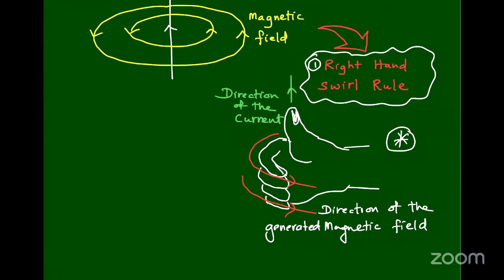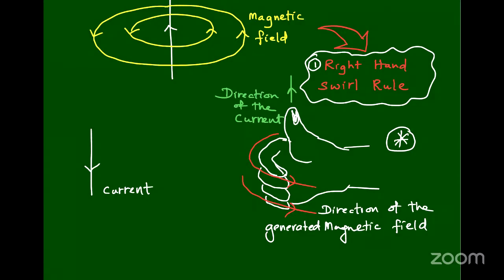So if you are having a current in the upper direction, according to this diagram, there will be a magnetic field generated in the direction as given here. Just imagine if the current is going downwards like this, then place your fingers like that and see what will happen.